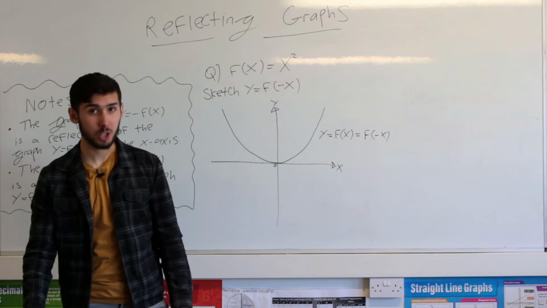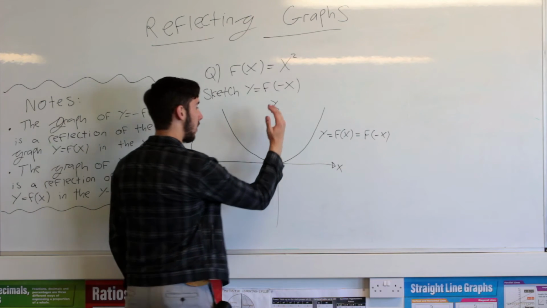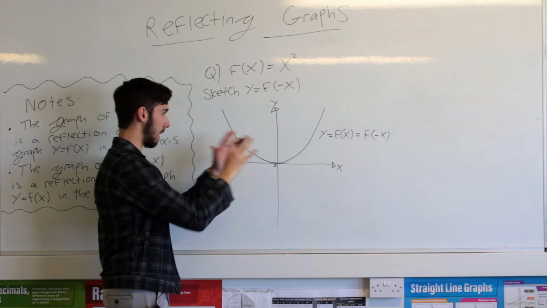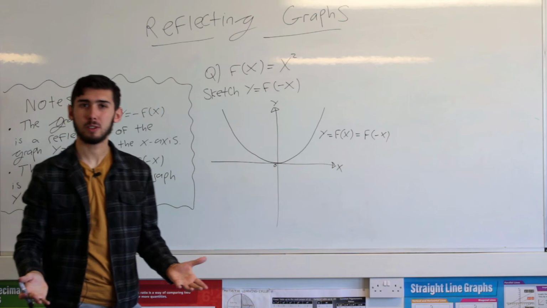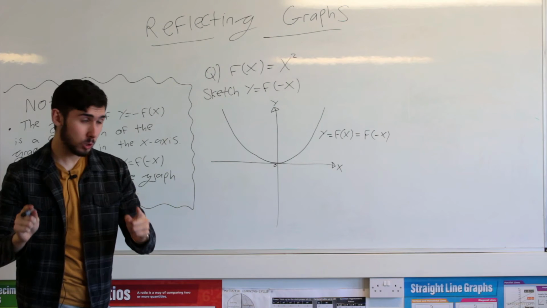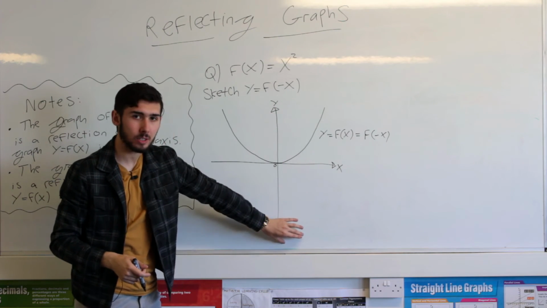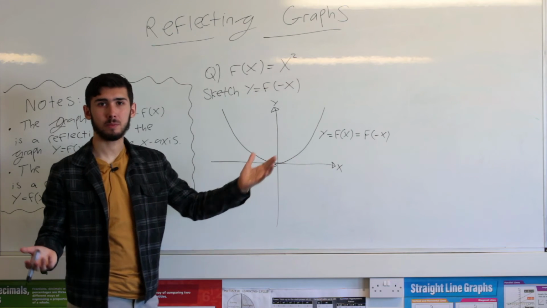They are the same graph. I hope you can see that. Imagine getting a mirror and reflecting it and looking into that mirror from this side, it would just show you the normal curve. It doesn't change anything. Now, if you reflect it about the x-axis, it will change because it will come down like this.